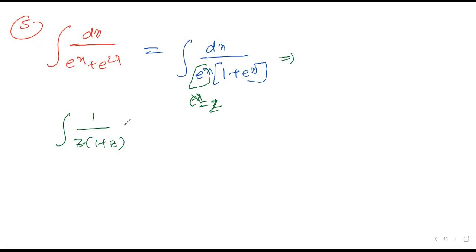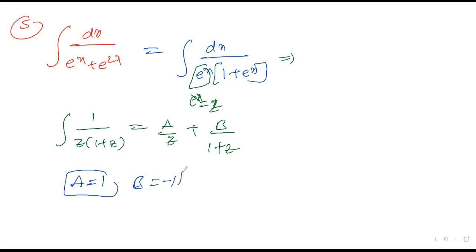Just for a constant, for this you can take partial fractions: a by z, then b by 1 plus z. Clear? Yes, sir. If you solve for the values of a and b, you are going to get a is equal to 1, then b is equal to minus 1.